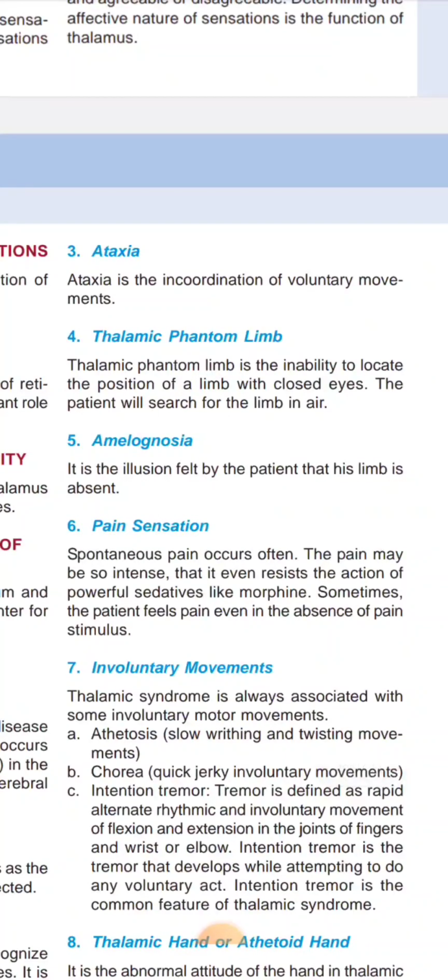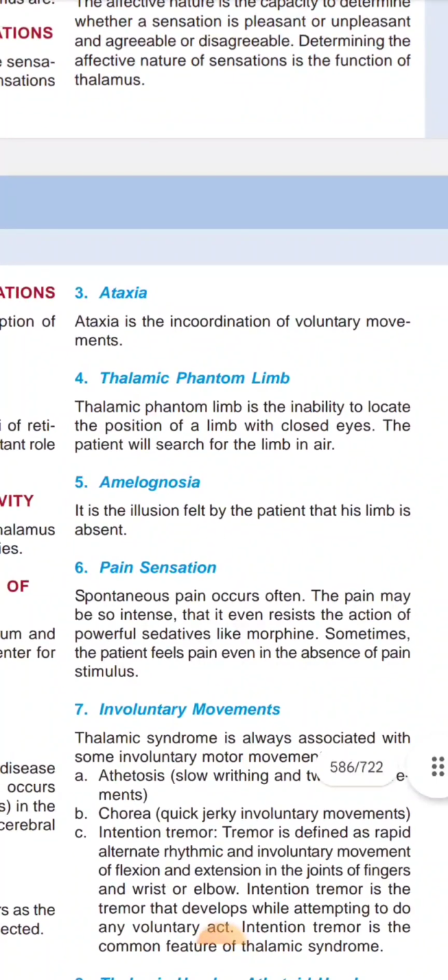If we want to clap, two hands must be coordinated. Because of the lesions in thalamus, the patient is unable to do coordinated movements like walking, clapping, all these things.